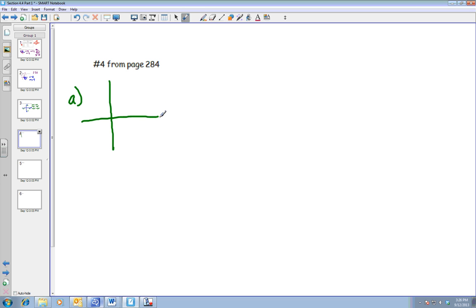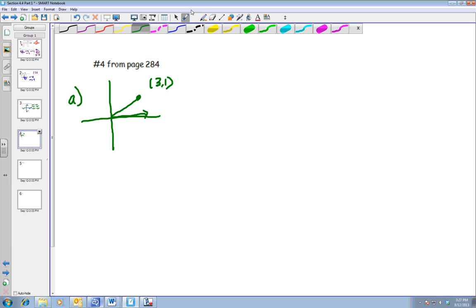They have drawn in your point. Here's your initial side, here's your terminal side, and this is the point (3, 1). Well, we know that after we plot our point, we have to make a triangle. I'm going to drop that side down to my x-axis.